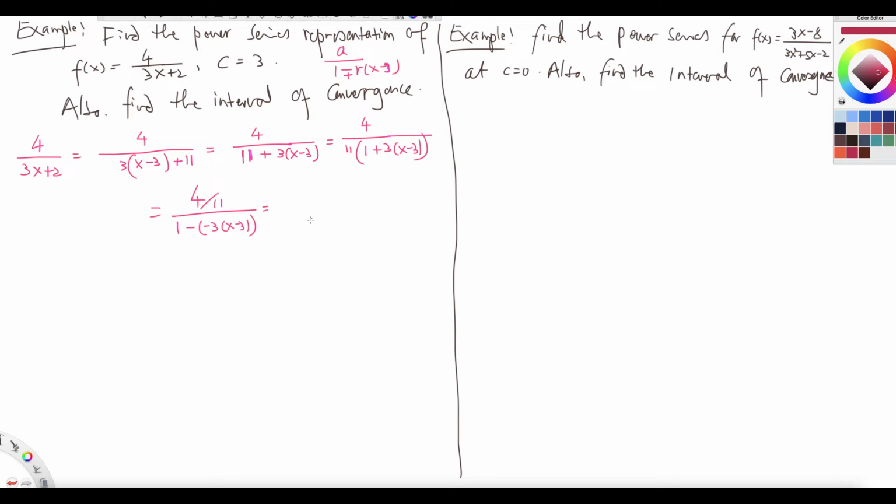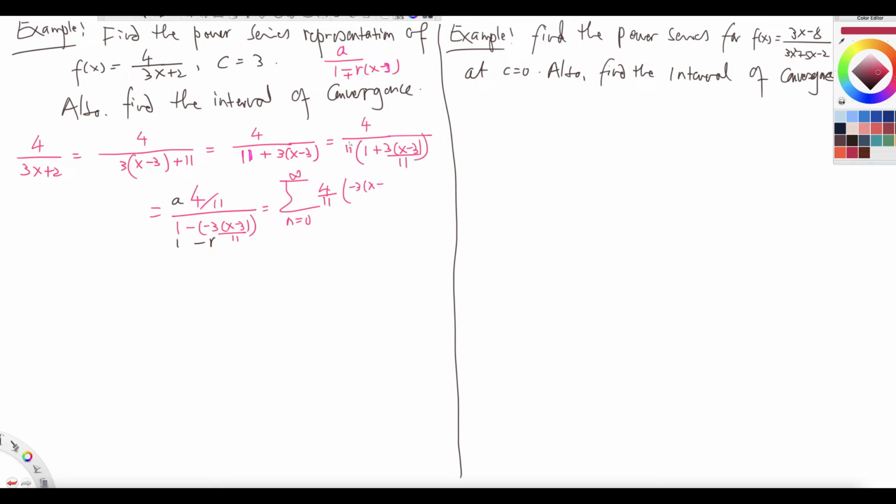Okay, so what do you get here then? This is the same as a summation, because this is like a over 1 minus r, right? So this is the same as n equals 0 to infinity, and then a is 4 over 11, right? And to the negative 3x minus, oh, by the way, I forgot to write this divide by 11 there. I'm sorry, that should be divide by 11.